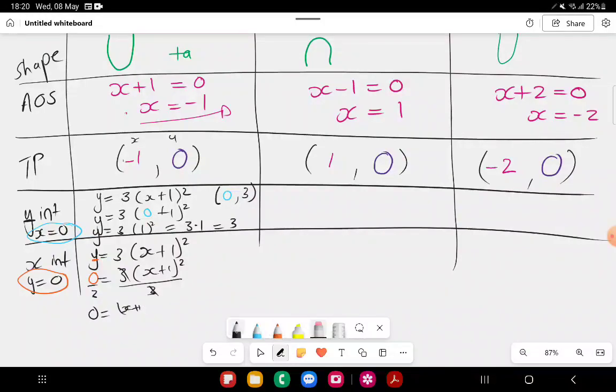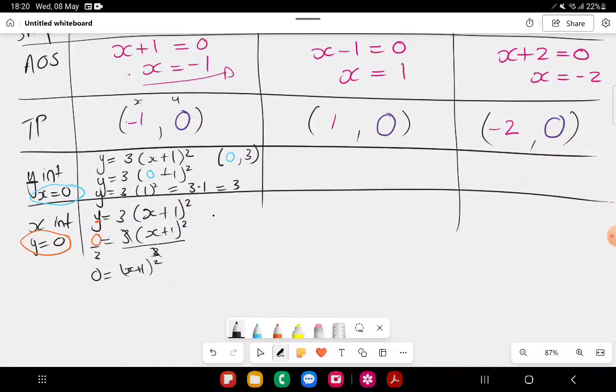We want to solve for x. This gives me two brackets. The first bracket is x plus 1 equals 0, or x plus 1 equals 0, meaning there's only one intercept, and therefore x equals negative 1.